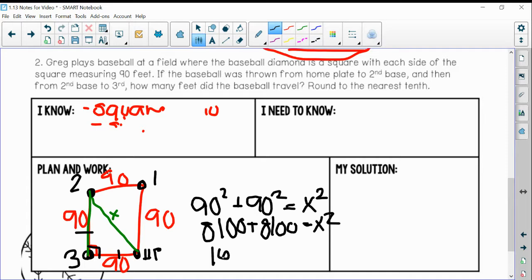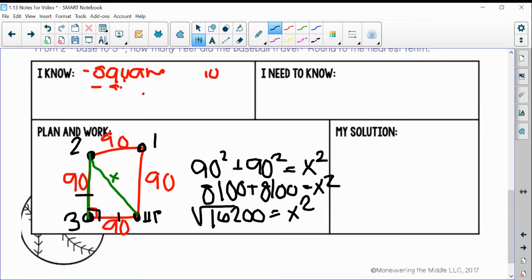So 16,200 is equal to diagonal squared. If I plug into my calculator the square root of 16,200, I'm going to get that the diagonal is 127.3.